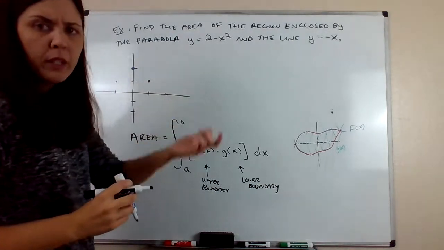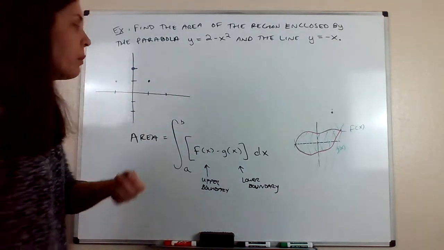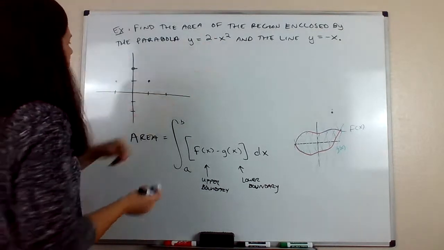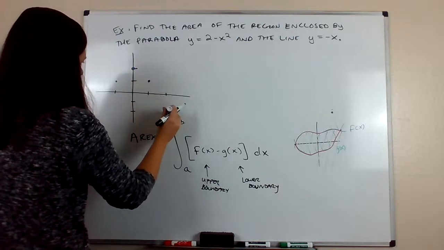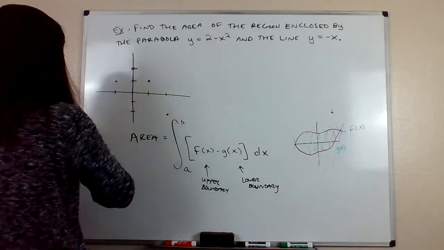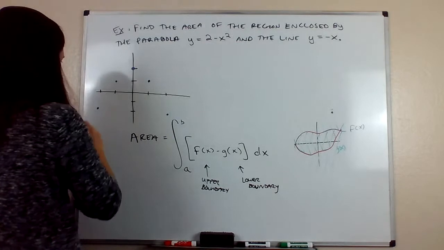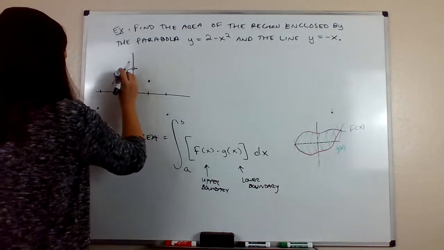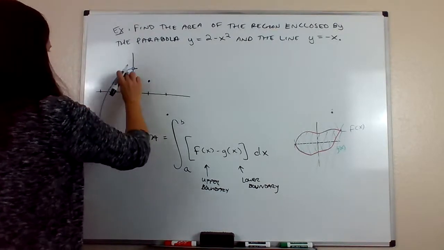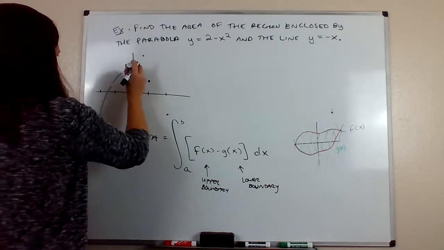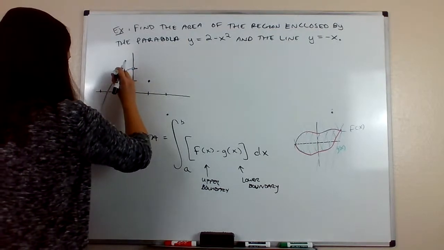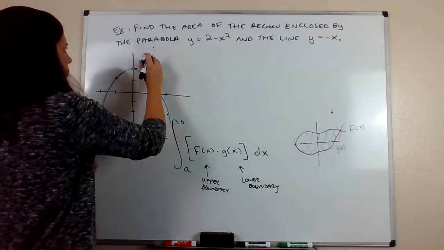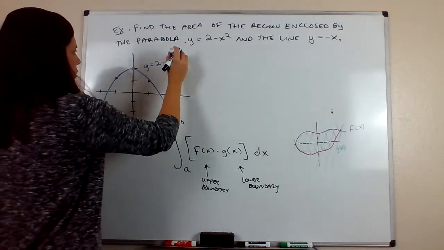Just remembering what I knew when I learned about graphing parabolas, we go over 1 and technically it would have been up 1, but this is downward, and then over 2 and down 4. Let's draw that really quick, just a rough sketch of this parabola. Let's draw straighter, sorry. Let's get that in there a little better. So that's my parabola, y equals 2 minus x squared.